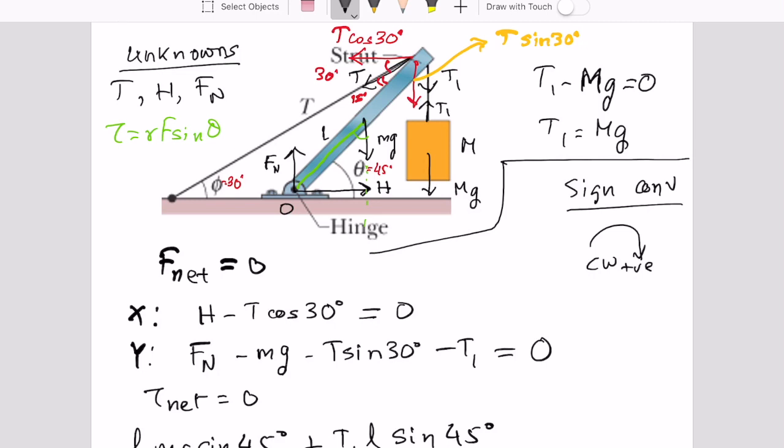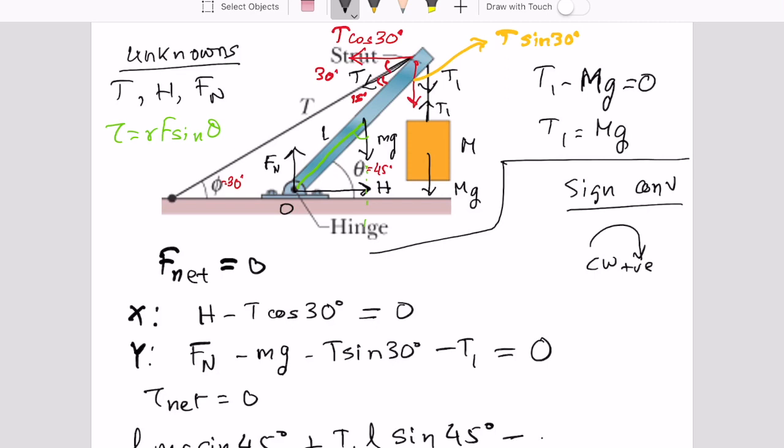All right, so then there's one more torque that we need to calculate, which is the torque of the tension T. So we are going to use the same formula. The r would just be L again. And is T exerting a clockwise or a counterclockwise torque? T is trying to rotate the beam in the counterclockwise direction, so T is exerting a counterclockwise torque, and so it should get a minus sign.